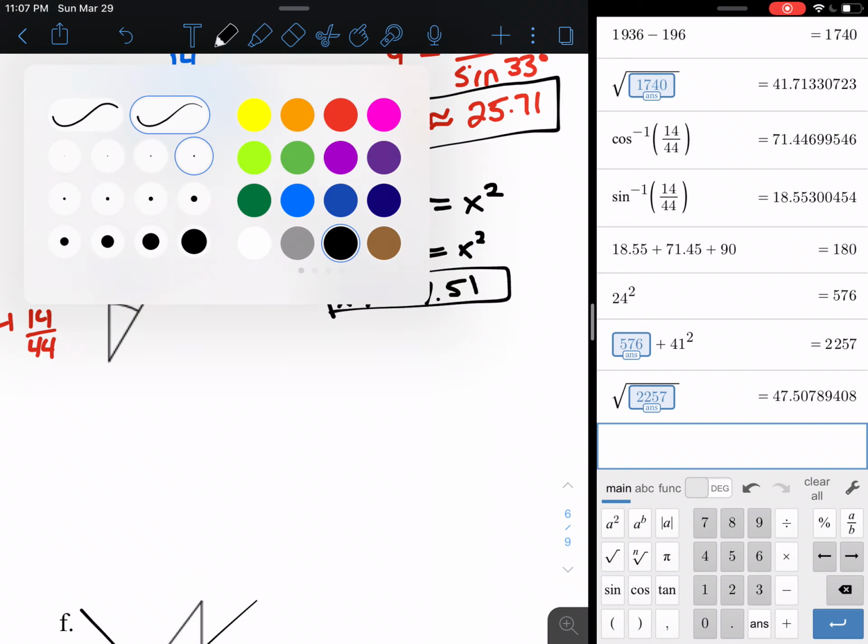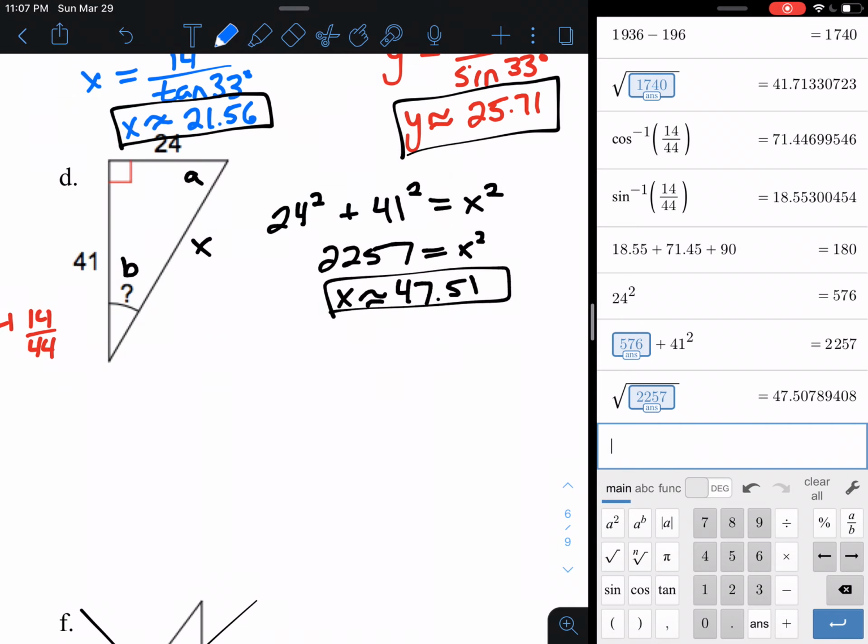Now let's get those missing angles. Let's maybe start with angle A. For angle A, again using just what we were given to start, which was the 24 and the 41, it looks like 41 would be our opposite side. 24 would be our adjacent side. So for opposite and adjacent, we would need to use tangent. So let's take the tangent of A is equal to opposite of 41 over adjacent, which is 24.